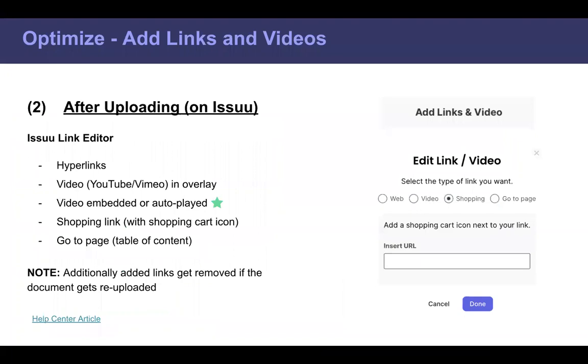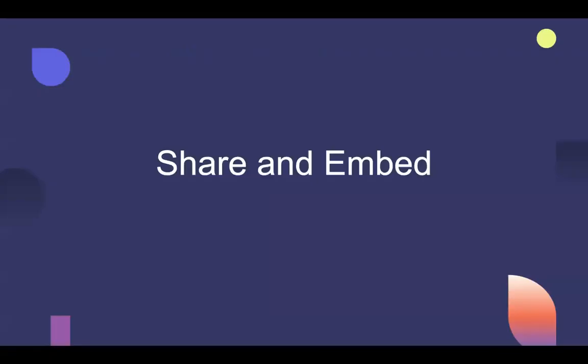And then you can, of course, turn the video links into the video playing embedded or autoplay. That will not be so much work, but in case you have 100 links added with the Issuu link editor, these will unfortunately be removed. So that's just one note to remember.